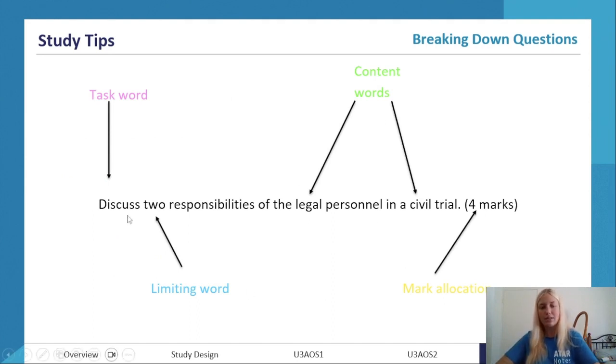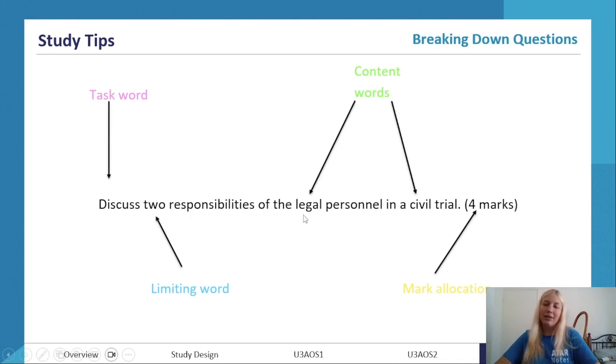Our task word is discuss, meaning give advantages and disadvantages for this process. The limiting word is two. So we looked at the key personnel. Remember, judge, jury, parties, and legal personnel, the lawyers. So we need to choose two that we are most confident in. For example, two responsibilities that we're confident in.